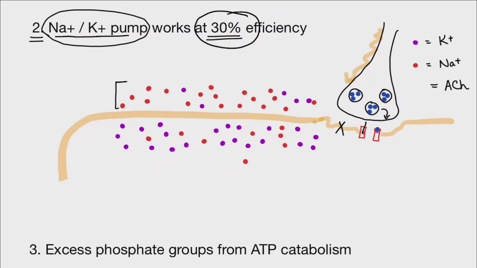But I'm going to keep working a little bit more, again, working real slow here because I'm on 30% efficiency, and I open up this gate again, and now there's enough of a gradient for two of these guys to come in, and now we've got action potentials. Okay, so in other words, this motor neuron fired 3 times, but the muscle only responded once.